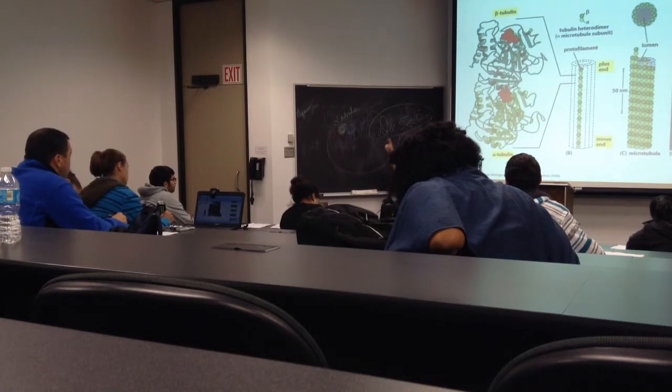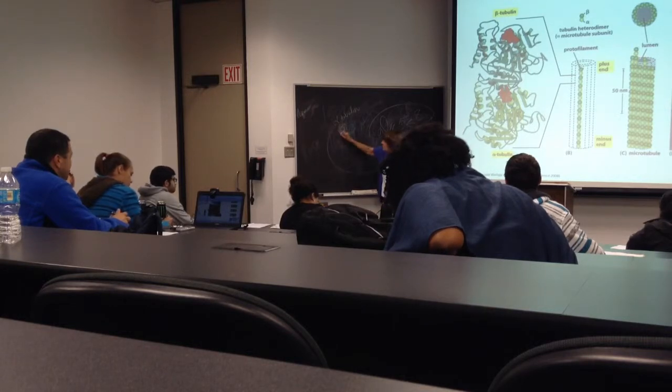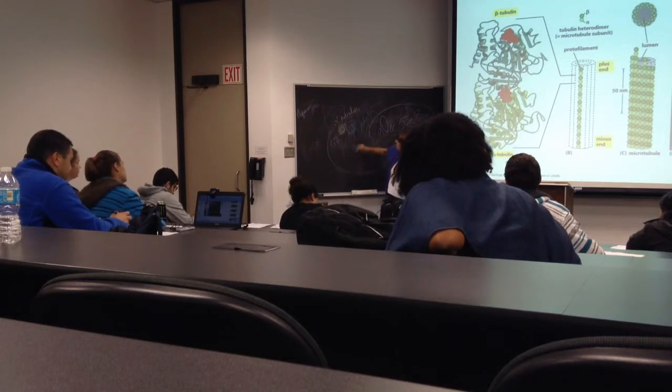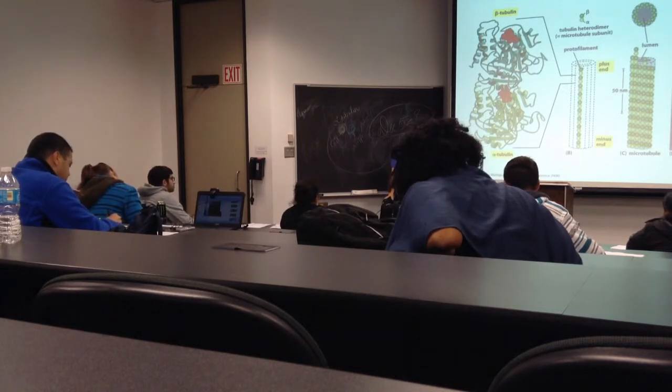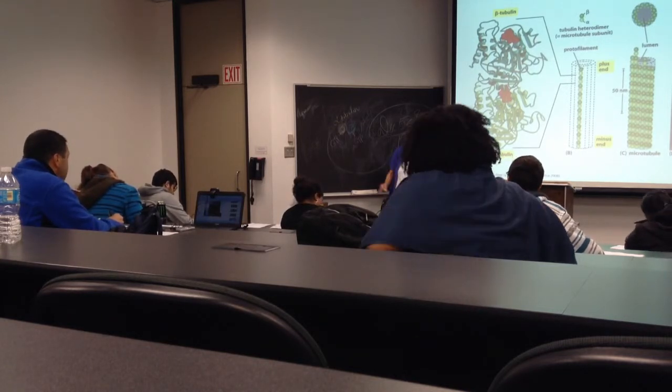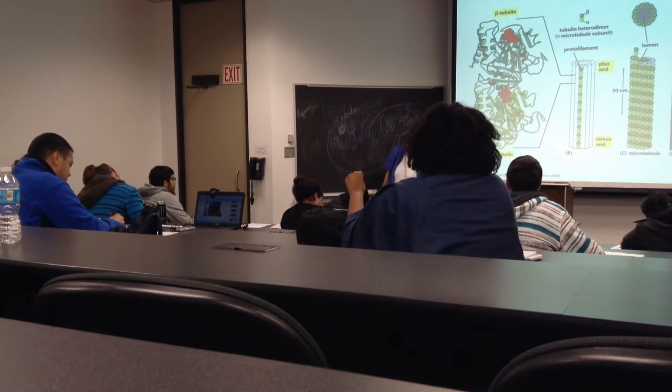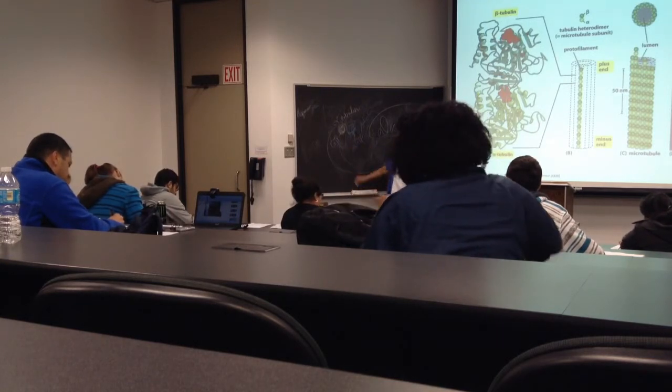On each of those two subunits is a GTP. You know, that's the same thing as ATP, but it's G instead. So there's a GTP there, there's a GTP here. This is very, very, very important. On the alpha subunit, you never touch that. You never hydrolyze that. So it stays that.